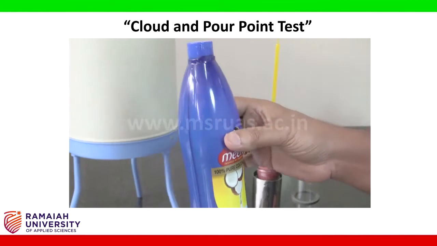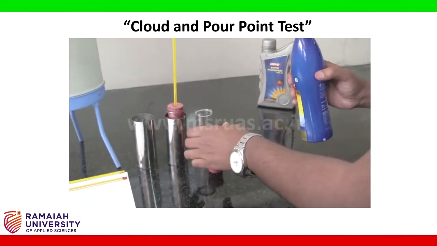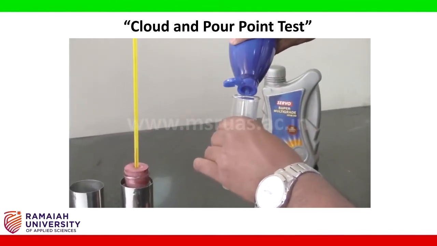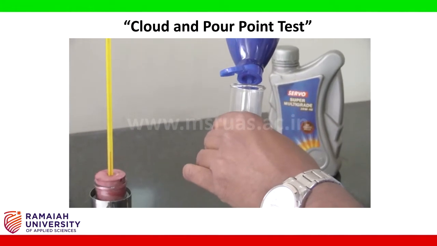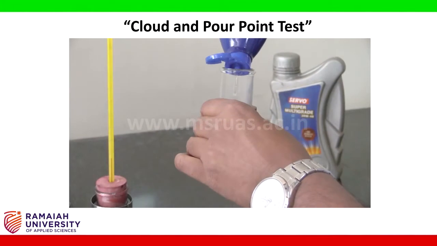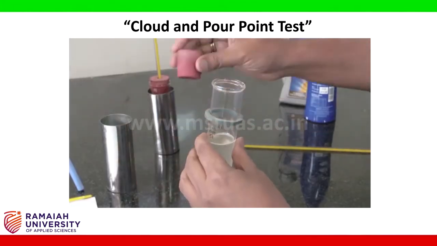Similarly, we will prepare the sample for coconut oil as well. Fill coconut oil up to the mark. Now place the cork.